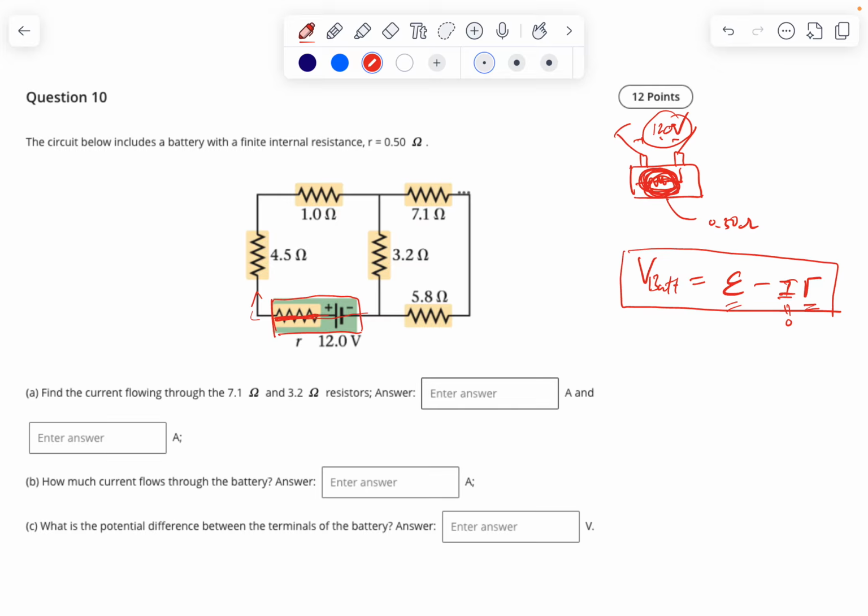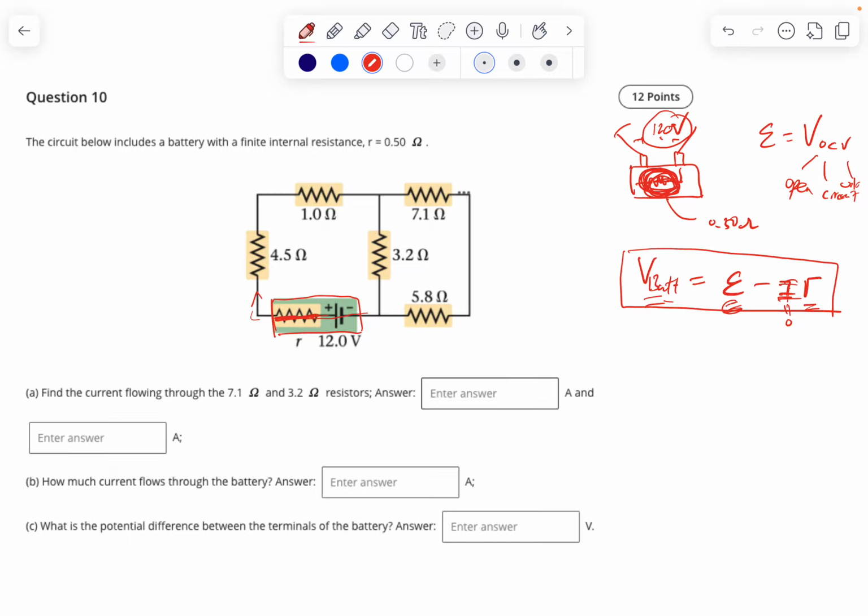We call this the open circuit voltage. But once you close the circuit, the reading will drop. It will not be epsilon, it depends on the current.